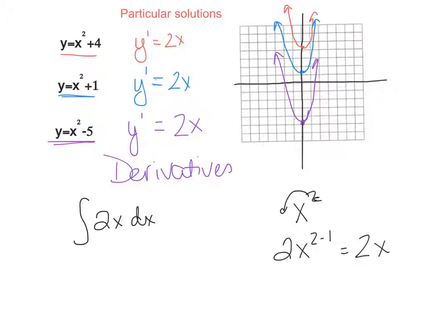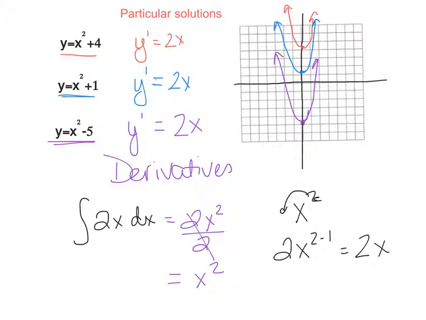Well, if I start with 2x and I want to integrate it, I increase the power, so the 1 now becomes a 2, and I divide by the new power. I undo this property: I'm multiplying and then subtracting, and in this case, I'm adding and then dividing. So as you all know, that's going to cancel. So the integral is x squared.